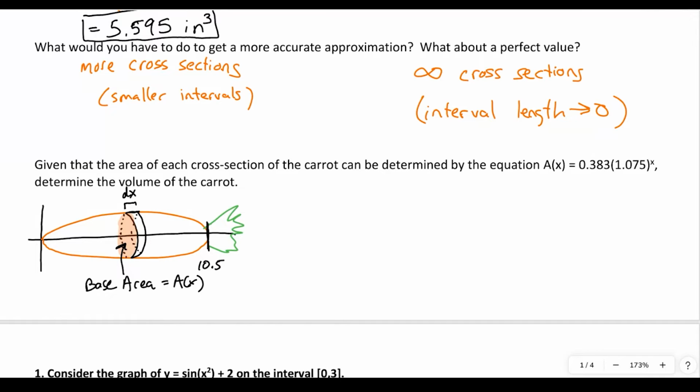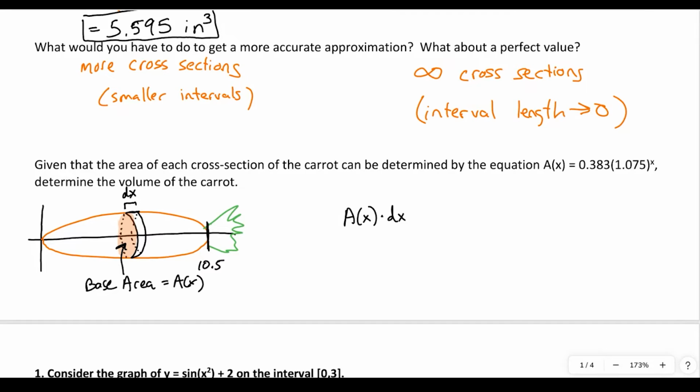So if we want just the volume of this one little disk, it's the base area, A, times the distance between the bases, which is dx.